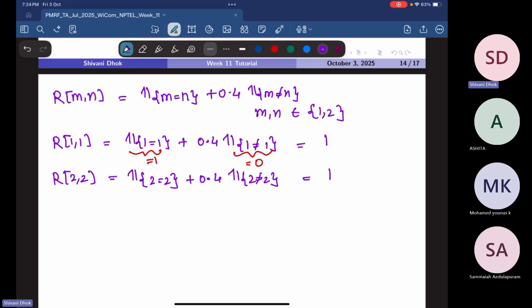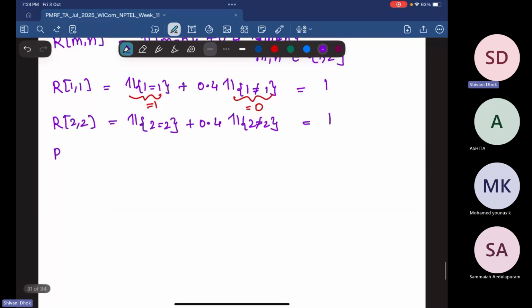Same thing. Now you have R(1,2) equal to indicator of 1 equal to 2 plus 0.4 times indicator of 1 not equal to 2. Here the second indicator is 1, the first one is 0, so this comes out to be equal to 0.4.